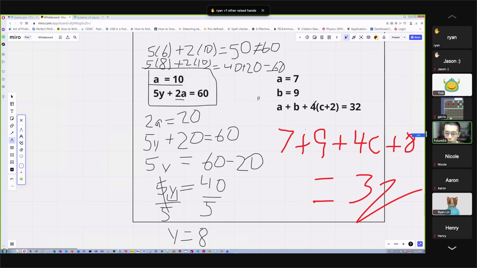So for those of you who are following, Ryan applied the distributive property, which states that if we have 4 times c plus 2, we can write this as 4c plus 4 times 2, right? And 4 times 2 is 8, according to the multiplication table, or just by counting on your fingers if you want. So we know that 4c plus 4 times 2 is 4c plus 8. Okay. Please continue, Ryan.